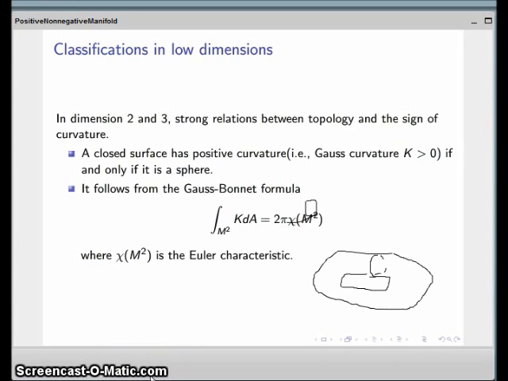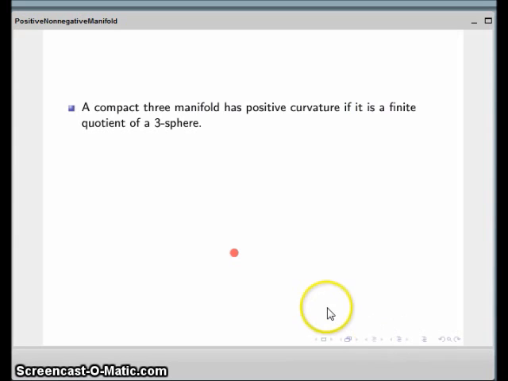So that means you cannot have a surface on the torus where the Gauss curvature is positive everywhere. Otherwise, you would have a positive number on the left, but the topological invariant here just tells you the integral is 0. So in 2 dimensions, you just apply the Gauss-Bonnet formula. It's the formula here.